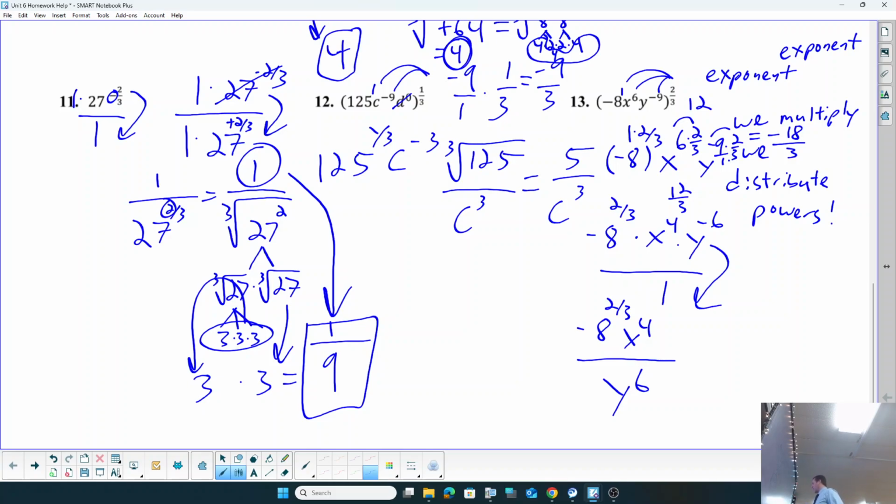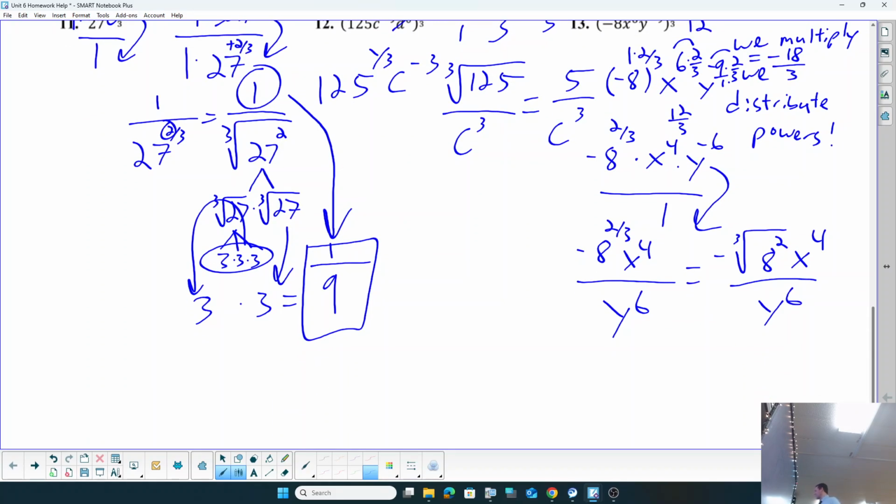Cool. So then it becomes positive, y to the +6. Okay, last but not least, we have negative, we have the cube root of 8 squared times x to the 4th power all over y to the 6. And then that can reduce, because 8 times 8 is 64. Oh, wait a sec. Is that negative?